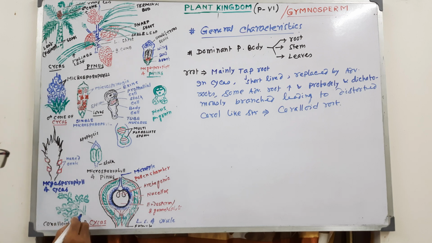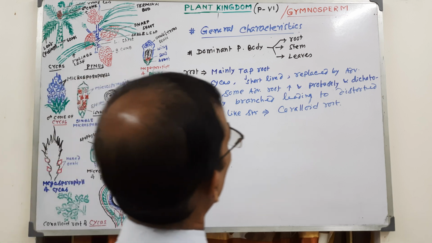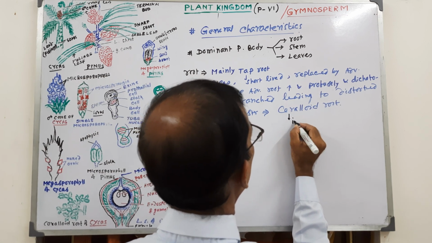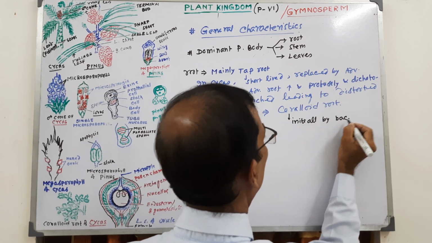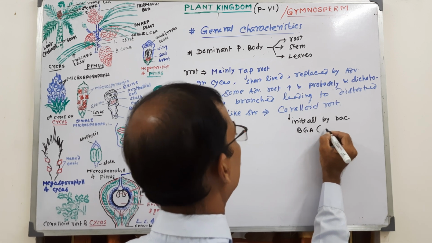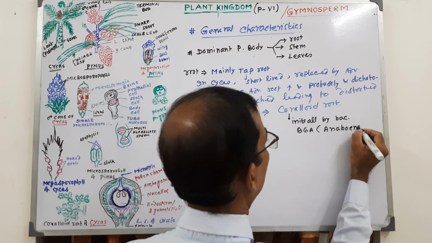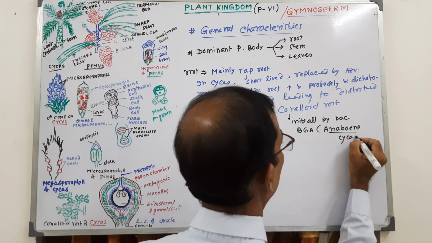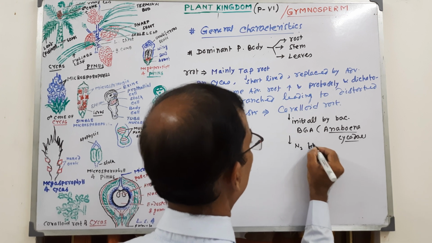These are coralloid roots. These lateral roots come outside and are branched dichotomously, and they are initially infected by bacteria, followed by blue-green algae, that is Anabaena cycadae. Anabaena cycadae helps in nitrogen fixation, okay.